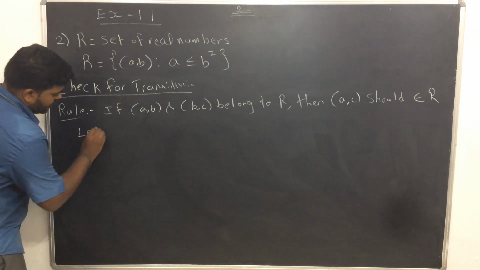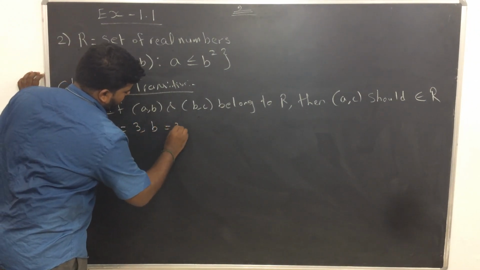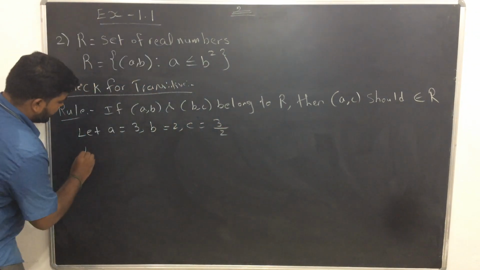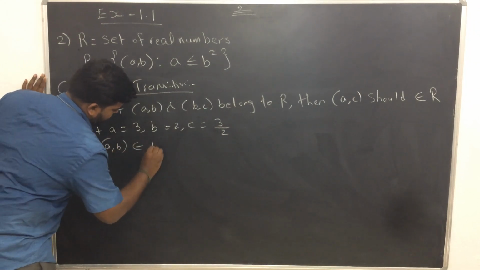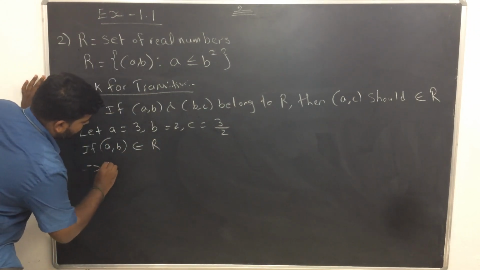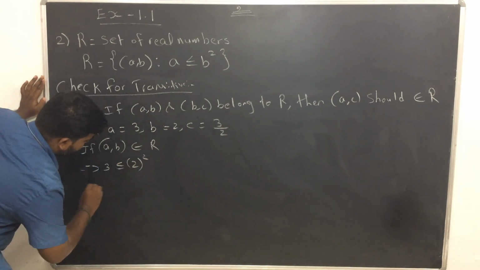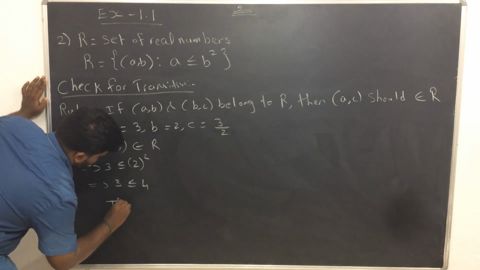Let A be 3, B be 2 and C be 3 by 2. If A comma B belongs to R, it implies that 3 is less than or equal to 2 square, which implies 3 is less than or equal to 4. This is true.